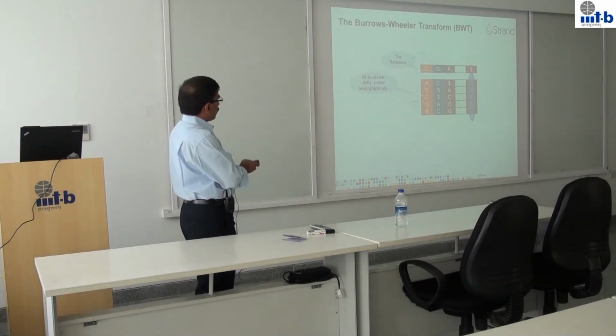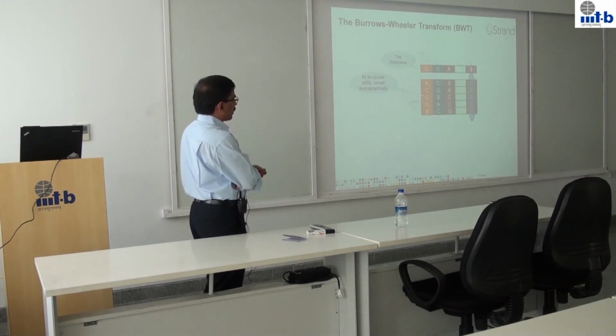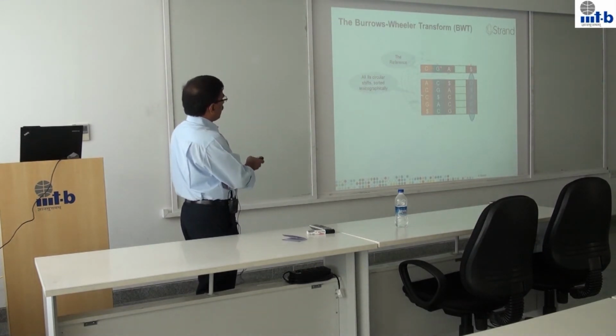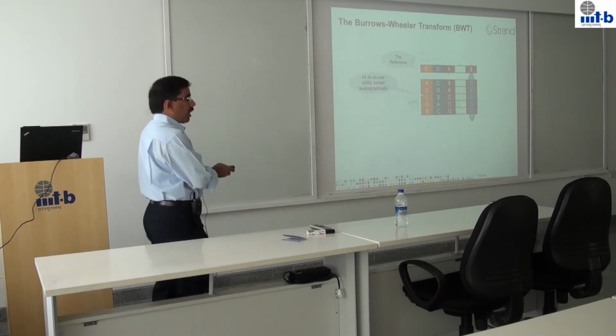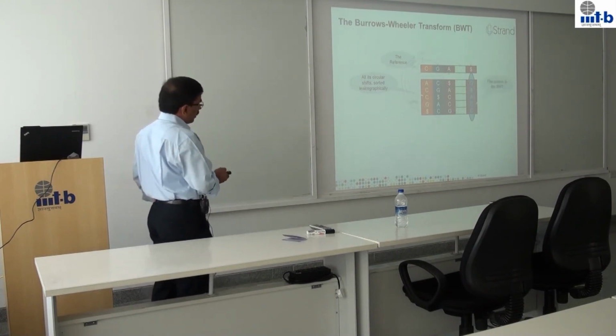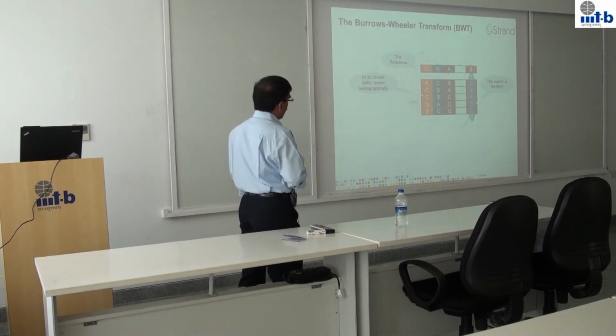The reference sequence itself we have terminated with a specific character $, and together with that terminator we have circularly shifted and then lexicographically sorted to get this whole array. The last column of this is what is called the Burrows-Wheeler transform.